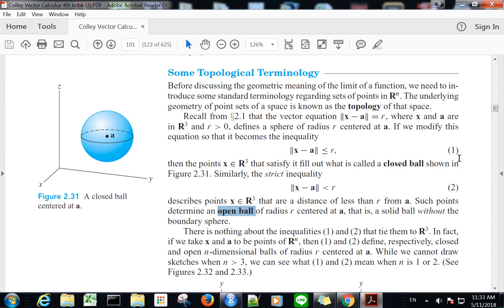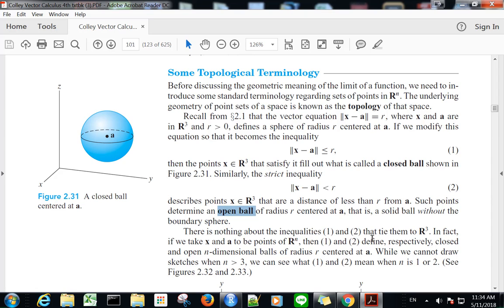There's nothing about the inequalities 1 and 2 that tie them to R3. In fact, if we take x and a to be points of Rn, then we can use 1 and 2 to define respectively the closed and open n-dimensional balls of radius r centered at a.